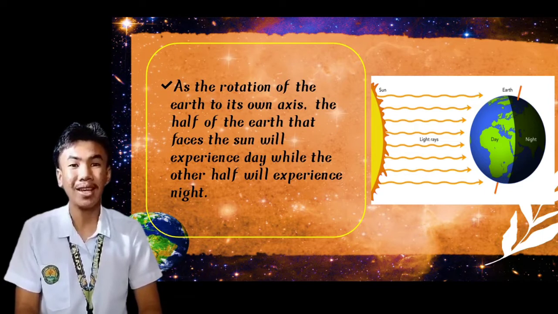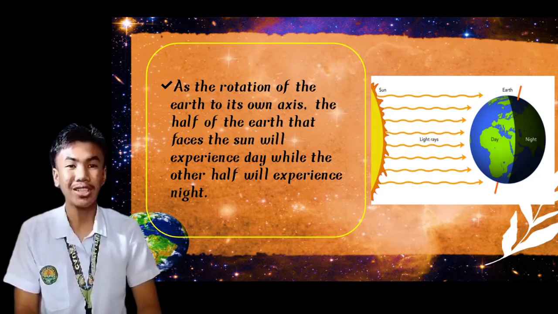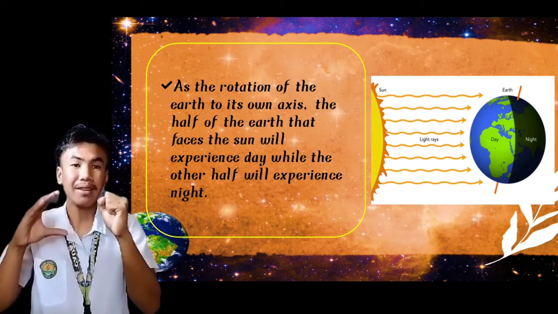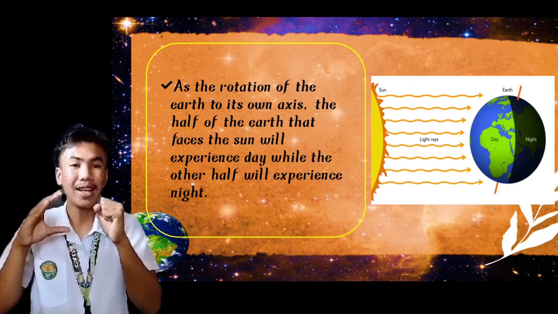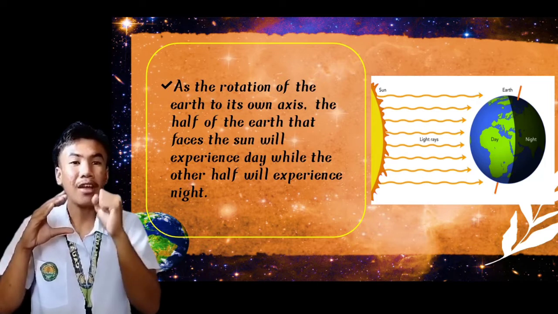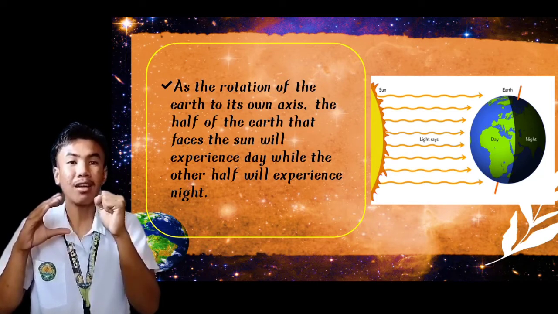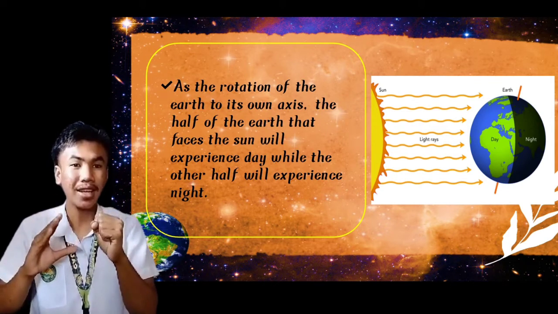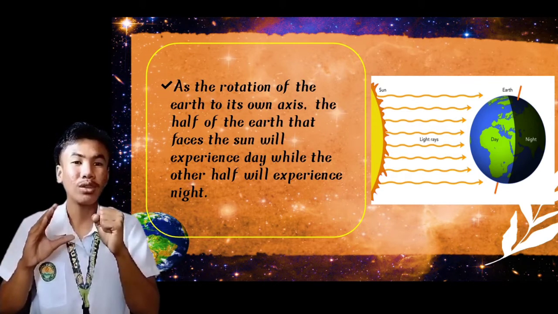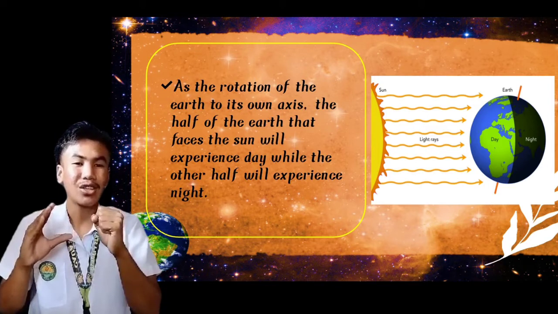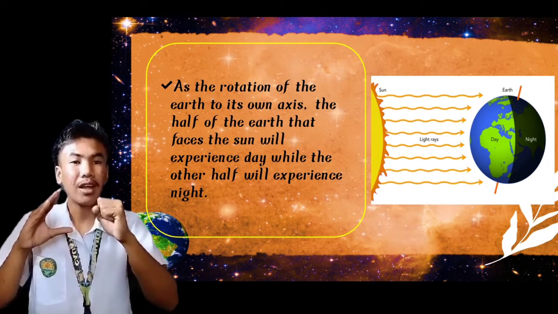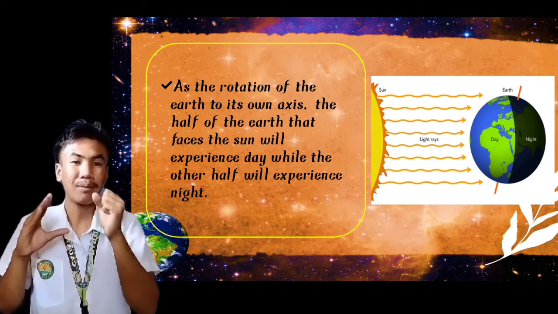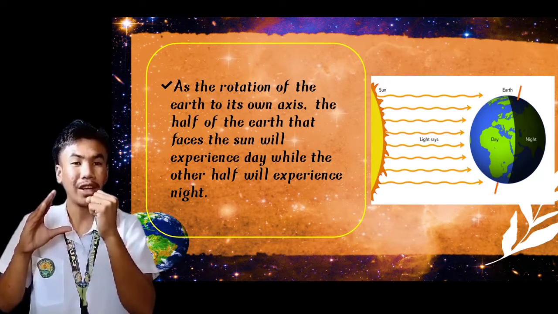As you can see in the image, the portion of the Earth that faces the Sun experiences daytime, and the portion that is not facing the Sun experiences nighttime because it doesn't have sunlight. With that, every day we experience daytime and nighttime because of the rotation of the Earth.